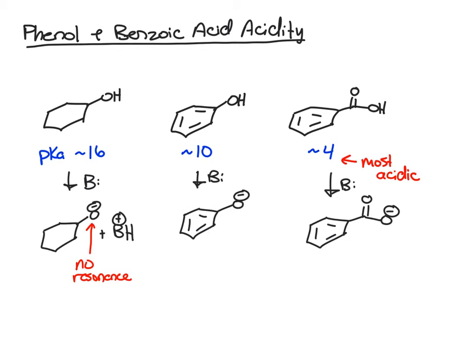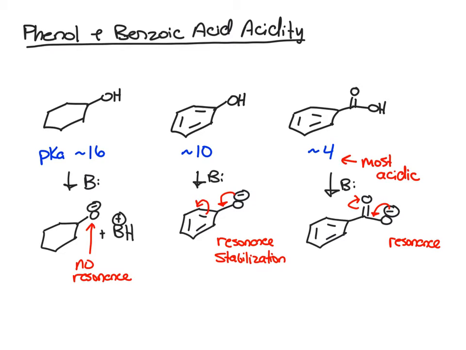Next, if we look at the conjugate base of phenol, we can delocalize the negative charge through resonance. And that certainly helps to stabilize that negative charge. We are delocalizing it over the 6 carbons on the aromatic ring. Then finally, with benzoic acid, we also have resonance stabilization. But here we're delocalizing over 3 atoms, and of the 3, 2 of them are oxygens, so that's why benzoic acid is the most acidic.